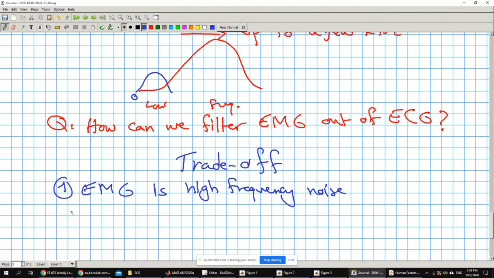Meaning that you will definitely need a low pass filter for your solution.